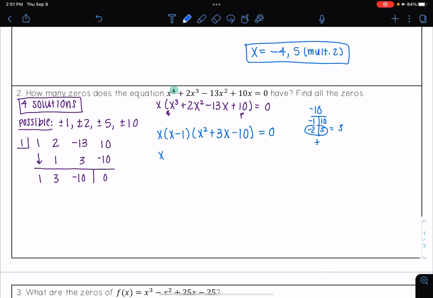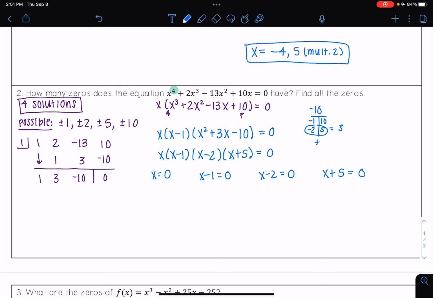And so this can be x times x minus 1 times x minus 2 times x plus 5 is equal to 0. Solving those, I have x equals 0, x minus 1 is equal to 0, x minus 2 is equal to 0, and x plus 5 is equal to 0. And solving those four, I get the answers that x is equal to 0, 1, 2, and negative 5. And so here I see I did get 4 solutions, all with multiplicity 1.